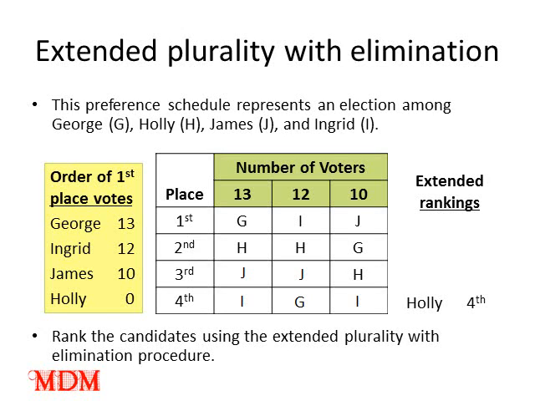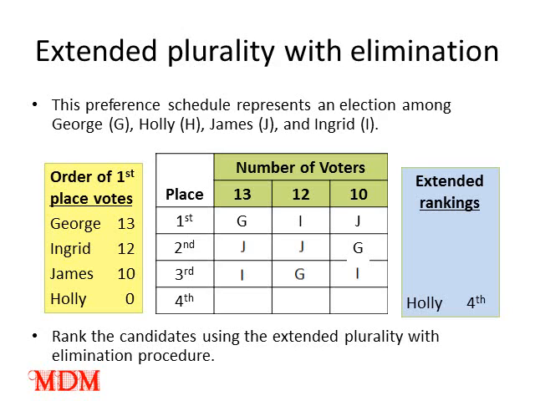With plurality with elimination, as you'll recall, we eliminate the person who has the least number of votes, or in certain cases it might be the option that has the least number of votes, and then we move any candidate who's beneath the eliminated candidate up. And so you can see we have moved up all of our candidates that were on the fourth row.